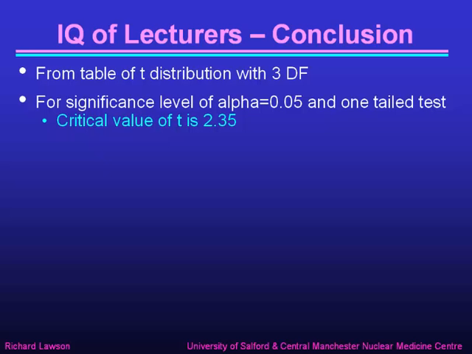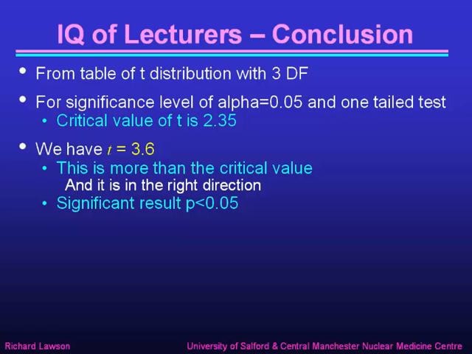So from this table of the t distribution, with 3 degrees of freedom, a significance level alpha of 0.05 in a one-tailed test, we've seen that the critical value is 2.35. If you remember, we had a value of 3.6. So it's more than the critical value. Because it's more than the critical value and it's positive, that it's in the right direction, we have a significant result.